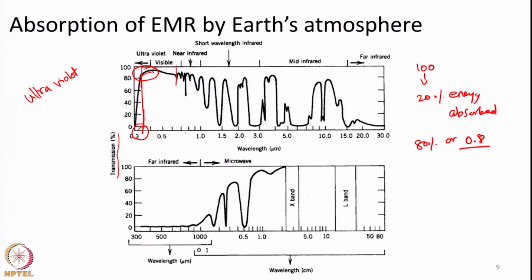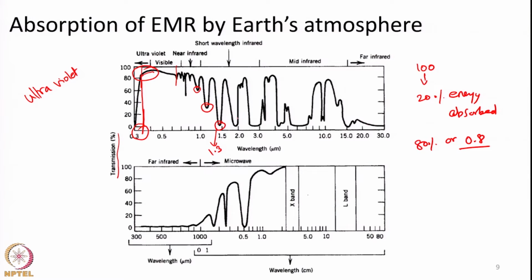After the visible portion, after 0.7 micrometers, there are some very sharp absorption features. Around 1.3 or 1.4 micrometers, there is a very strong absorption feature. So the atmosphere presents characteristic dips in different portions.